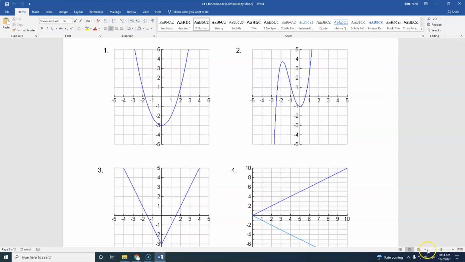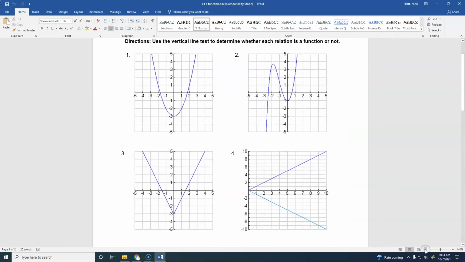Let me zoom out just a little bit. You don't have this in your notes because it was already like 6 pages long. I didn't want to print off everything here.